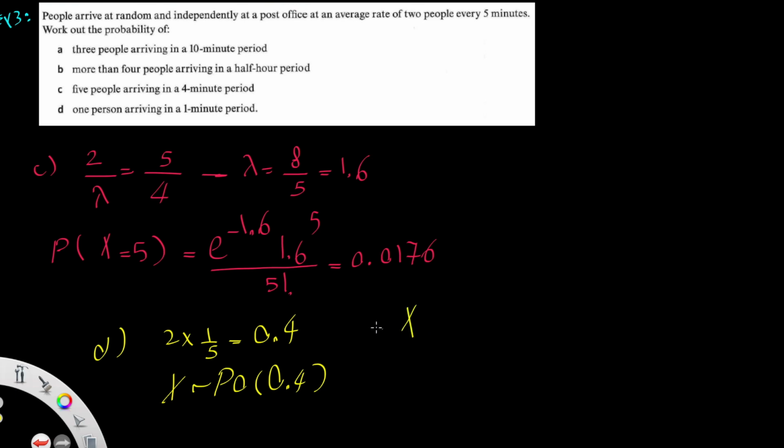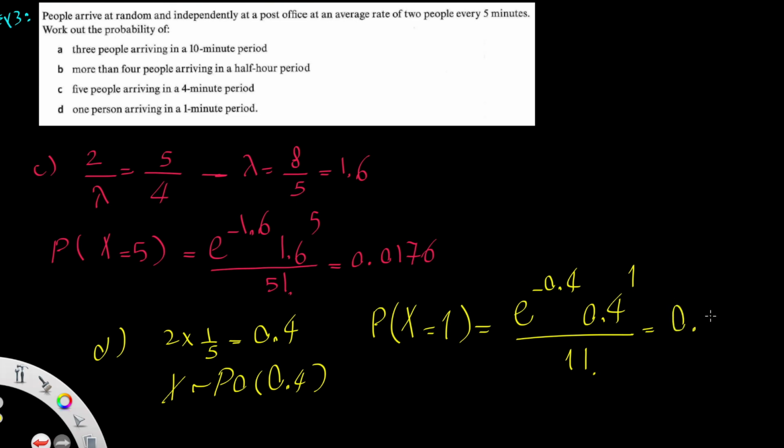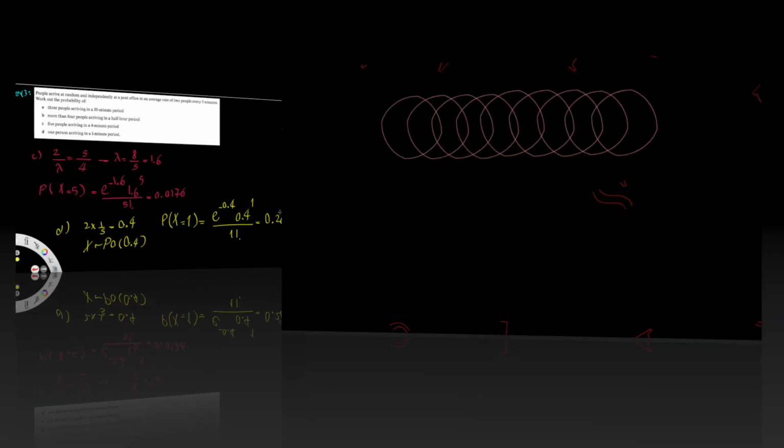So the probability of x equal to 1 is e to the power of negative 0.4, and then 0.4 to the power of r, which is 1, over 1 factorial, giving you an answer of 0.268.